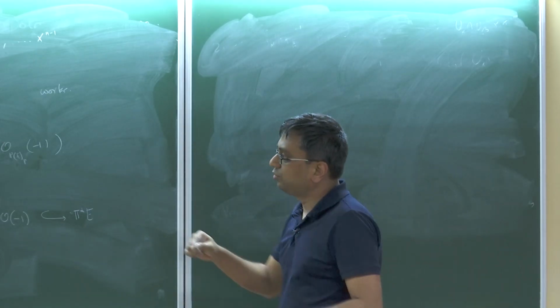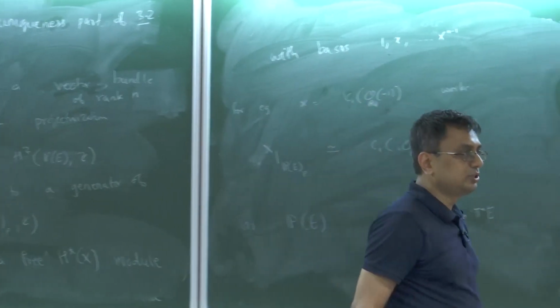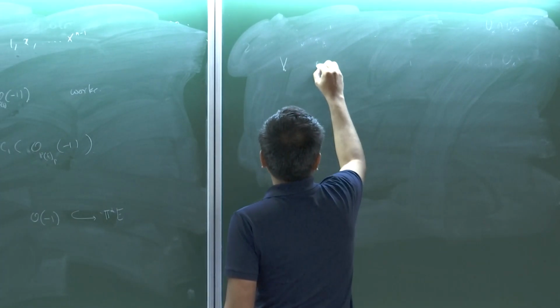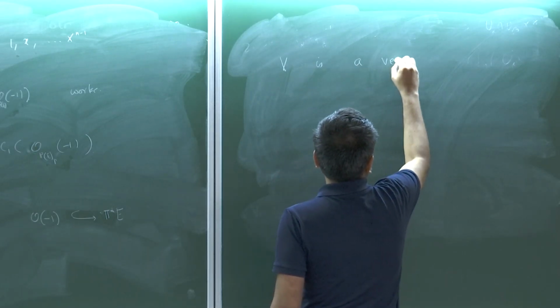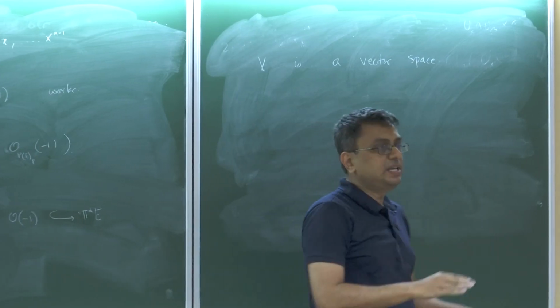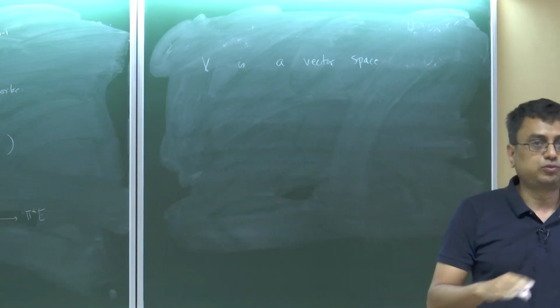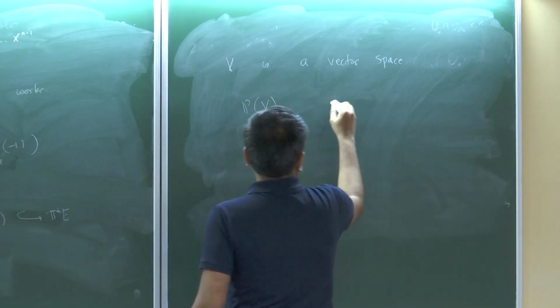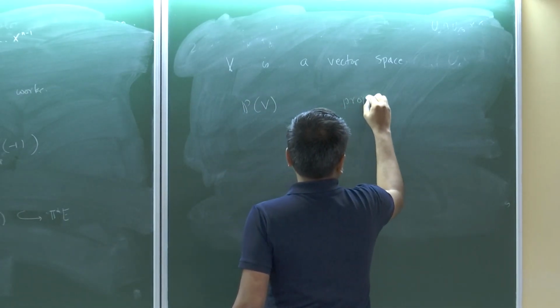If there is something you want to understand for projectivized bundles, the first thing to check is what is happening for projective spaces. Okay, so let's say V is a vector space. Instead of taking P^n, I am going to talk about P(V).